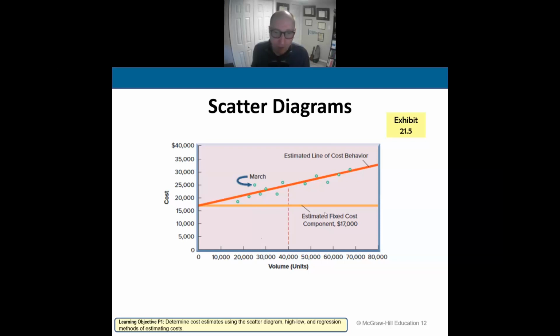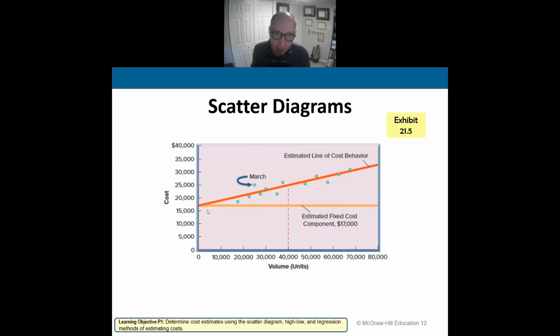My estimated fixed cost is $17,000. Remember, fixed costs do not change regardless of the level of output. If I was doing this on a per unit basis, it would look different, of course. But the fixed cost does not change regardless of the level of output.